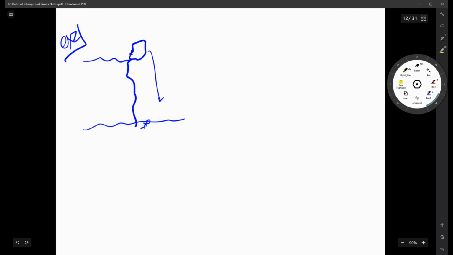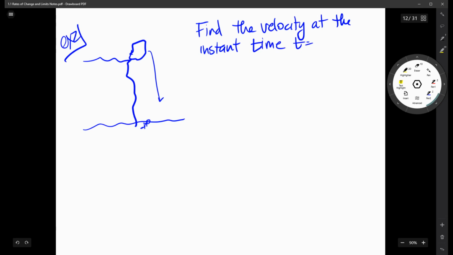So the question I have for you this time is: find the velocity at the instant time t equals 2 seconds. Okay, so a bit of a different thing there.